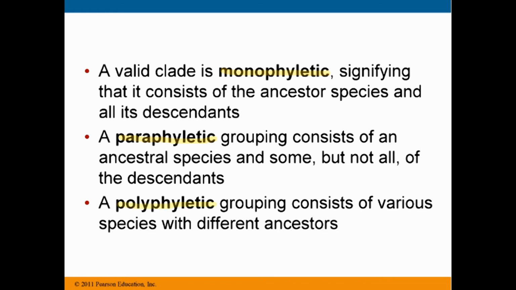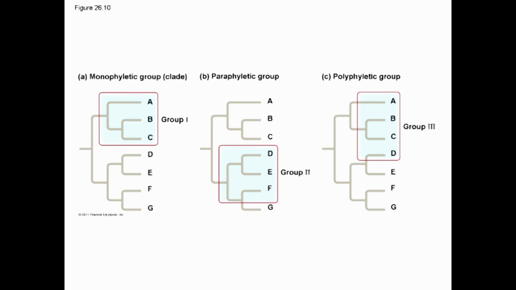Polyphyletic, poly means many, so here you've got a grouping that has different ancestors. Okay, so while you can have those groupings that are represented, it's not considered to be a valid clade in terms of cladistics. Okay, so let's take a look at this. We've got this figure, this is in your book, and here's our monophyletic group.